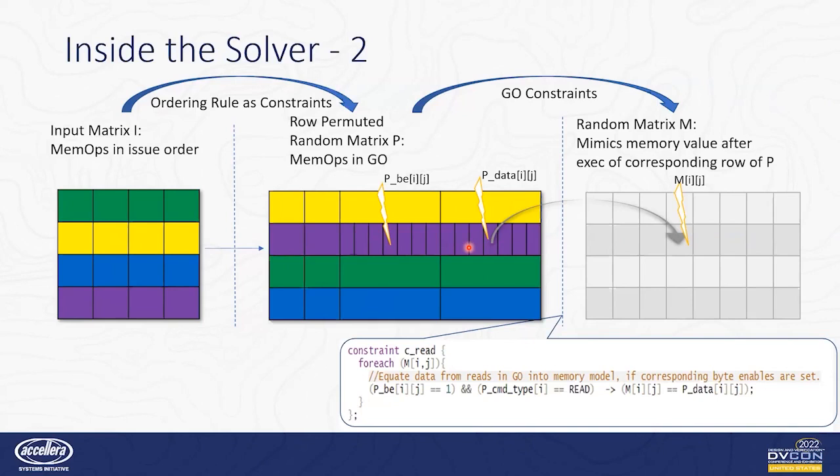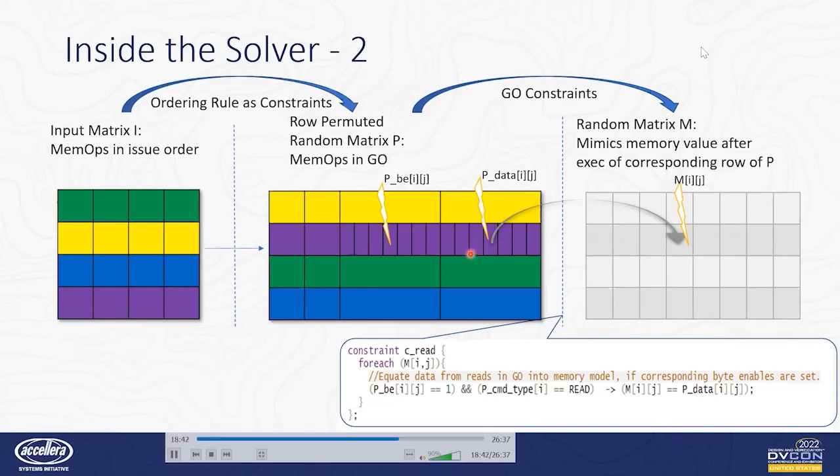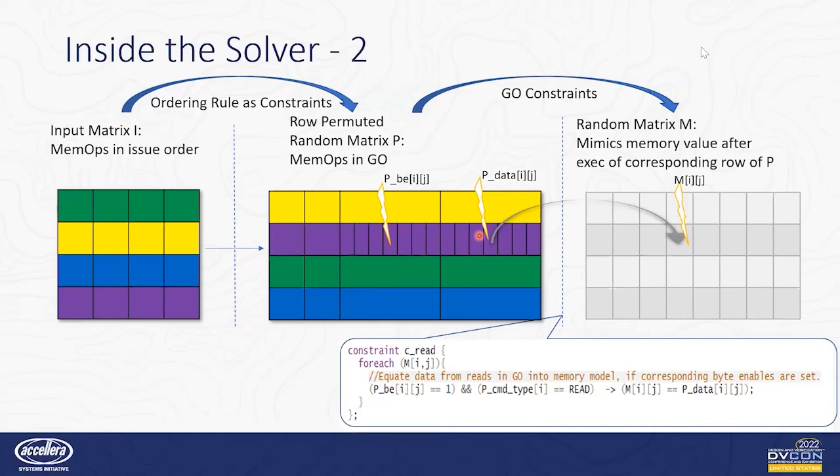And this is a property which is very easy to code in SystemVerilog. But the problem is that these memops are actually reads with multiple bytes, and there are writes with byte-enabled holes. Because of that, the property that I just mentioned doesn't hold true.